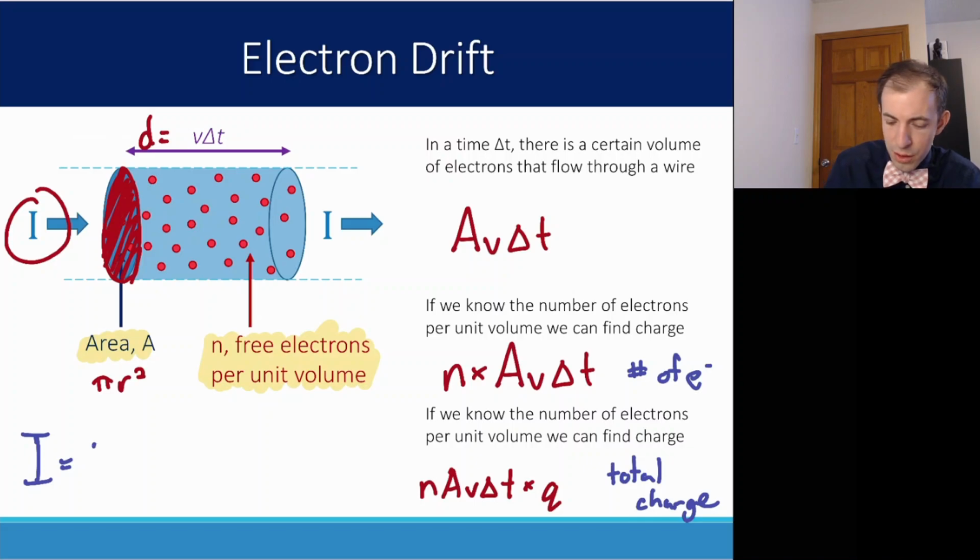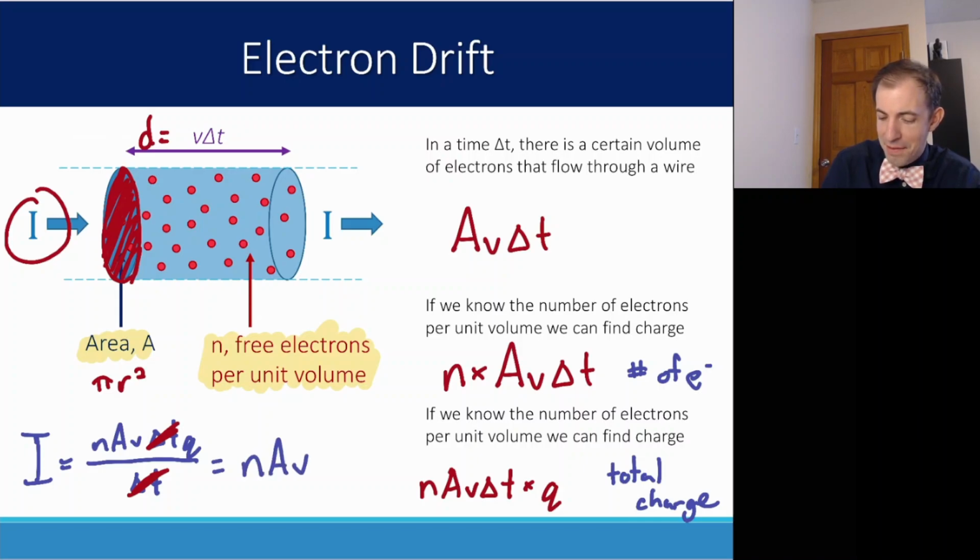Well, the total charge we just found was nAv delta t q, and that's divided by the time. That's delta t, and that's going to cancel out. So we're left with this equation that the current, I, is equal to nAvq. Oh, what a messy little thing.